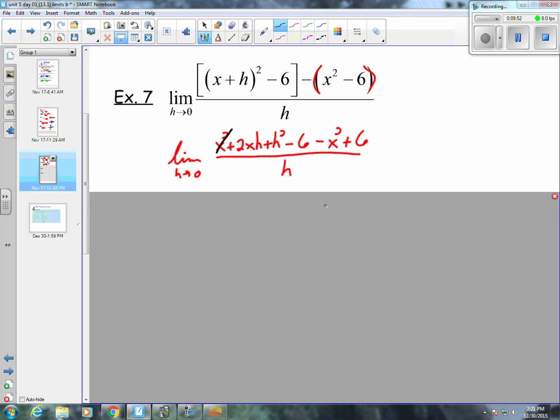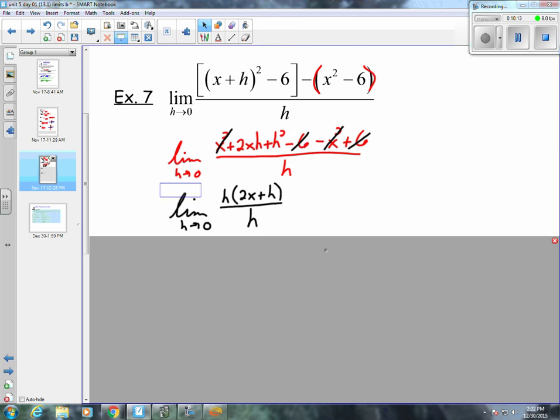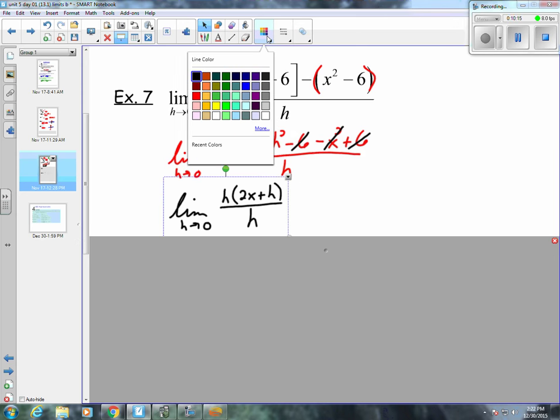We can see now that several terms are going to cancel in the numerator, and also that we can factor an h out of the numerator. And we're going to get 2x plus h all over h. And that certainly is not red.